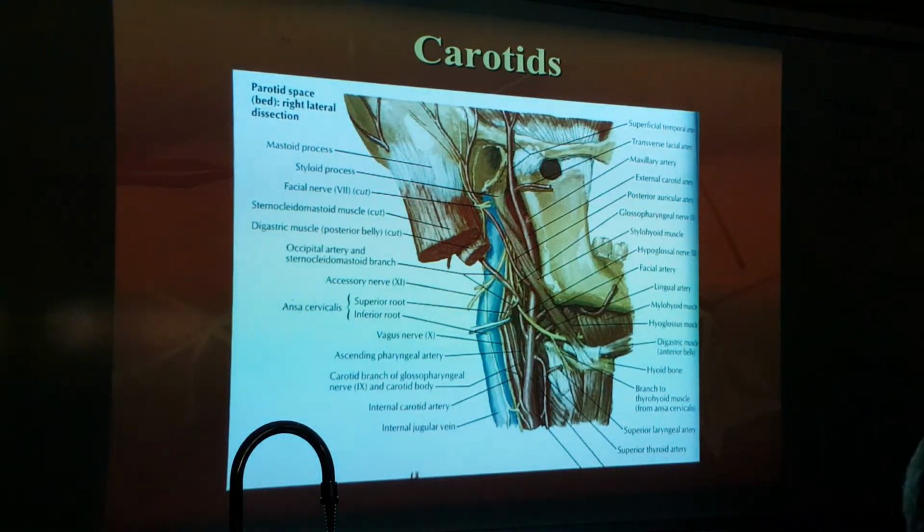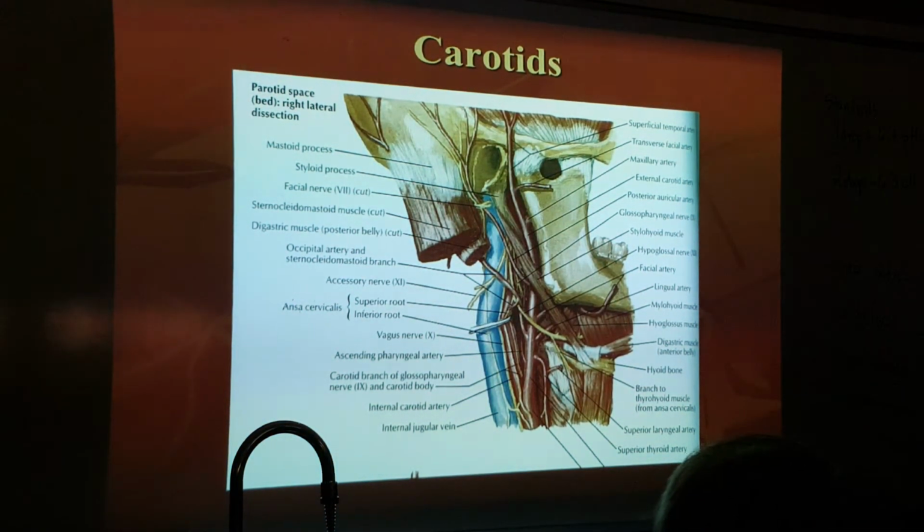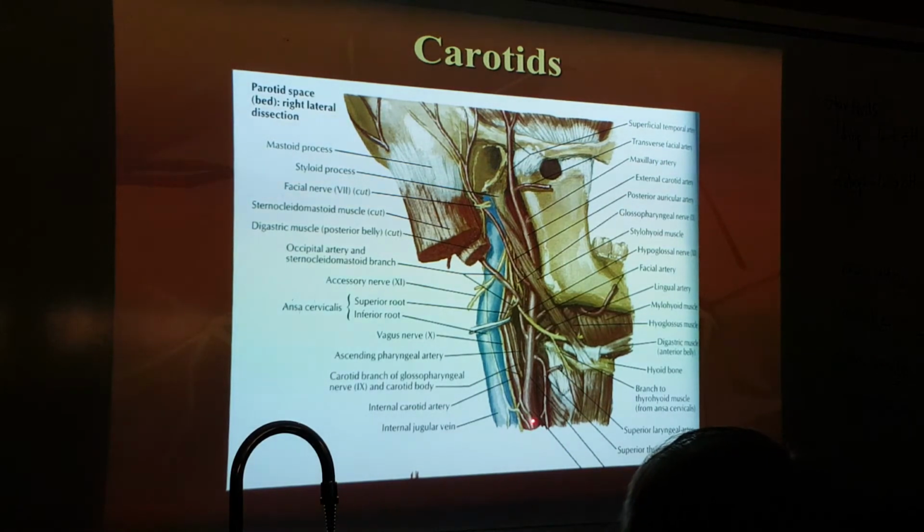Okay? And so we have the common carotid artery down here bifurcates into the external carotid artery, which has 7 branches, all 7 of which we will learn, and the internal carotid artery, which proceeds unbranched inside the cranium.